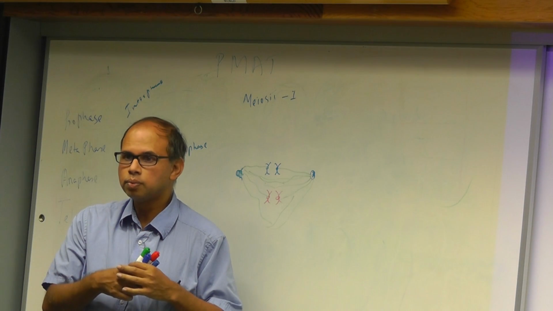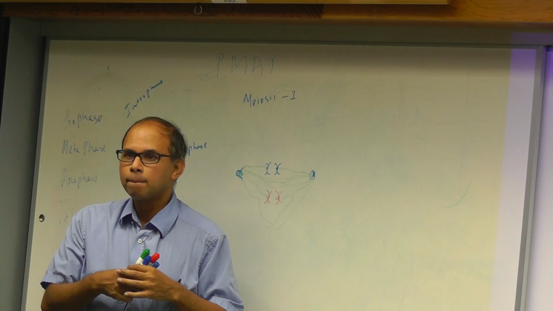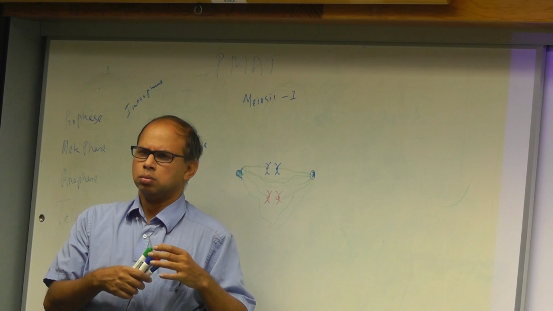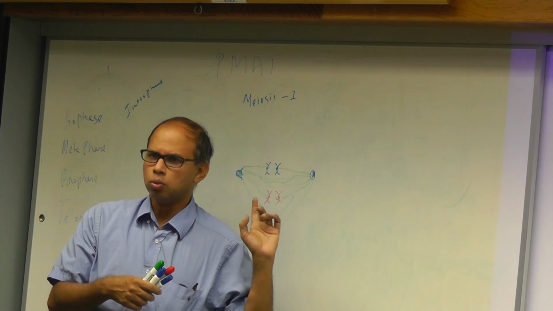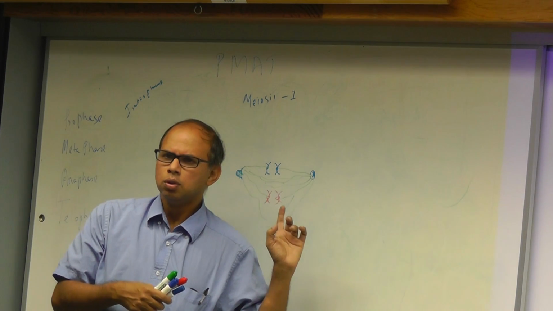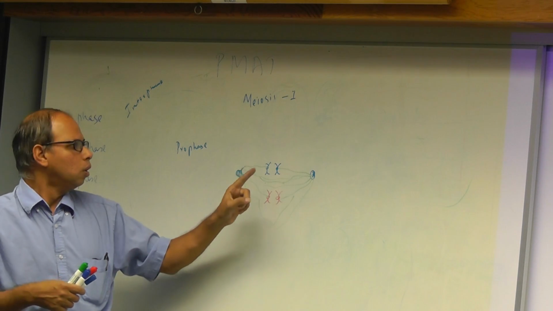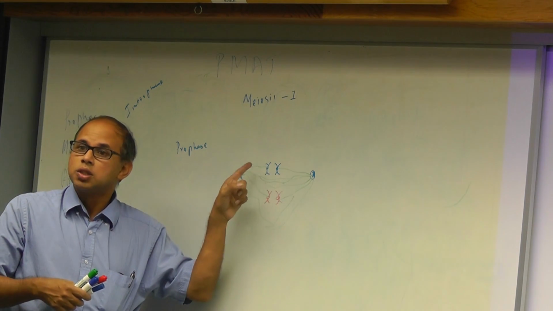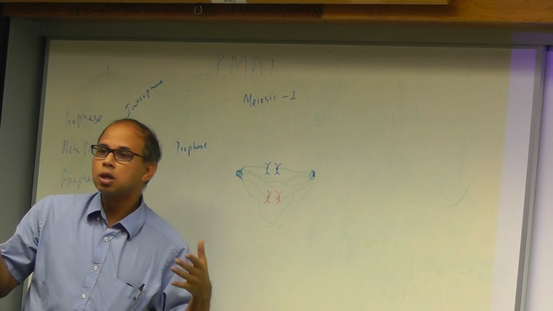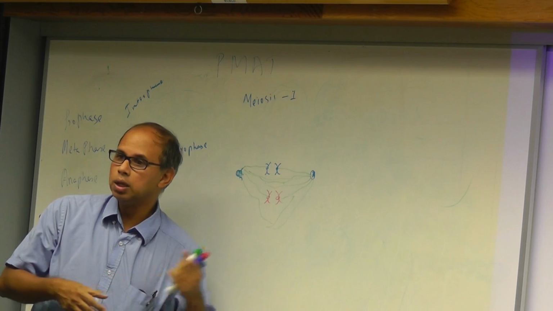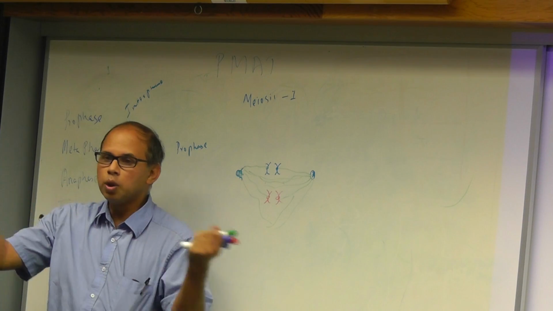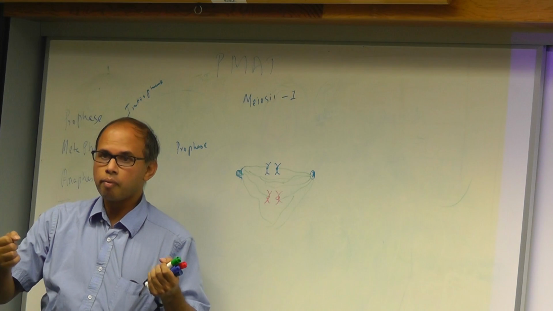They are not identical anymore? No. There is a sister chromatid. Remember, the sister chromatid didn't exist in mitosis because they were pulled apart, right?